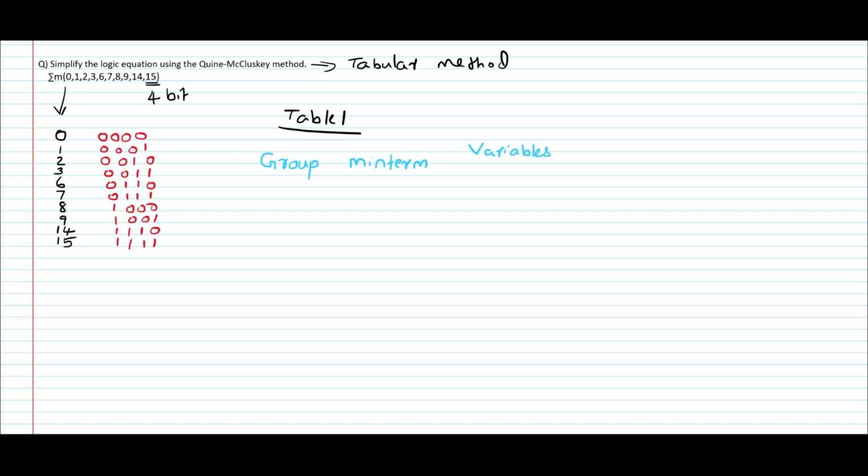Since here we have 4 bits, I am taking 4 variables A, B, C, and D. So these are the columns.